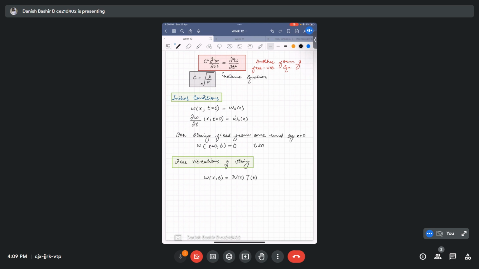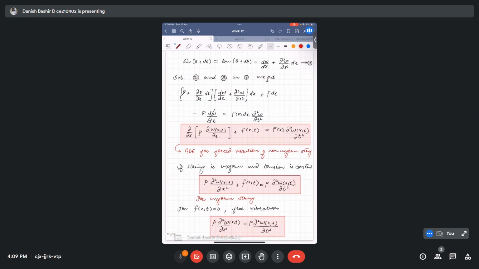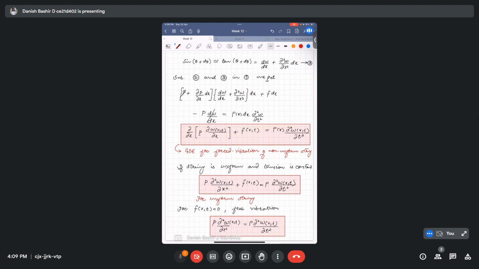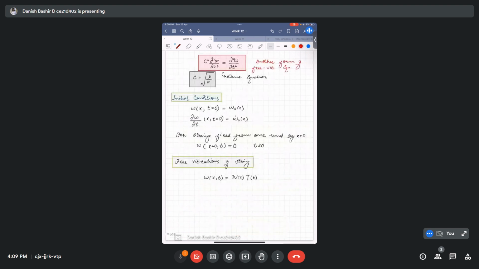So w of x comma t equals w of x times T of t. Now we have this equation; I will number the equations. The last equation number was 3, so this will be equation 4, this 5, this 6, and we will term this equation as 7.